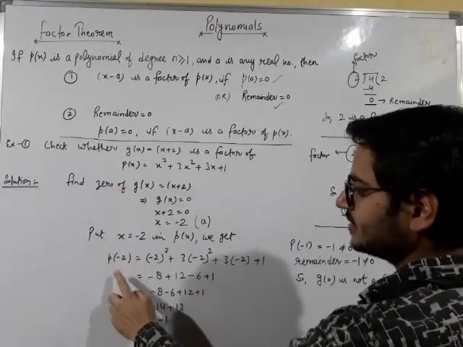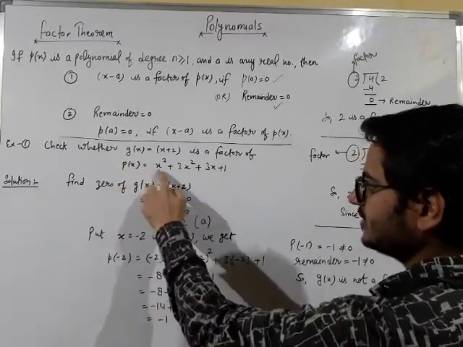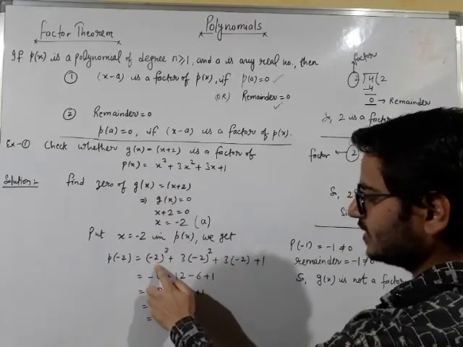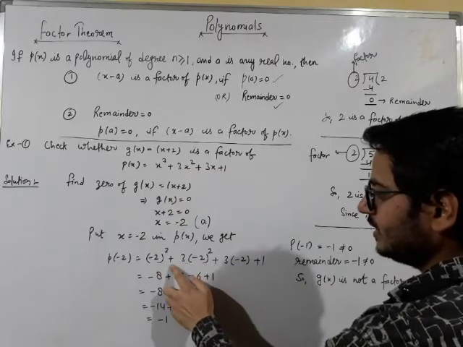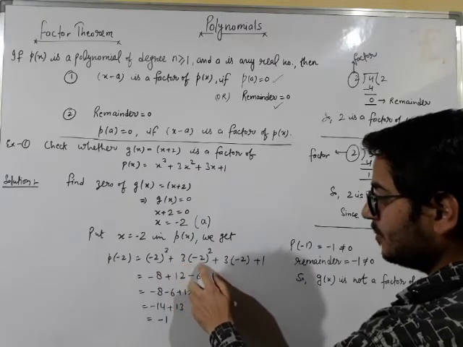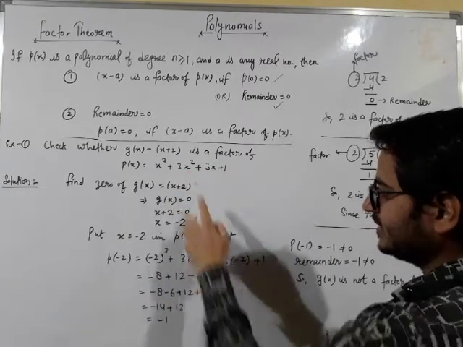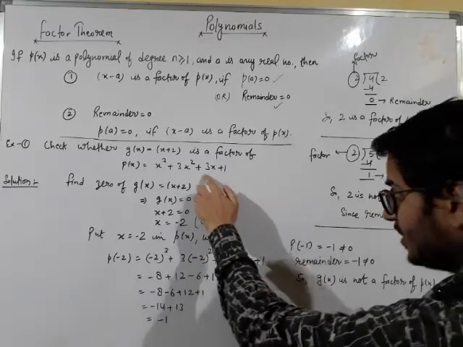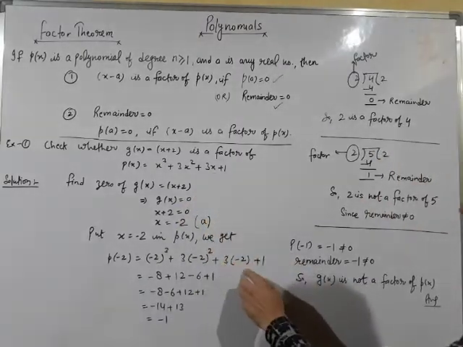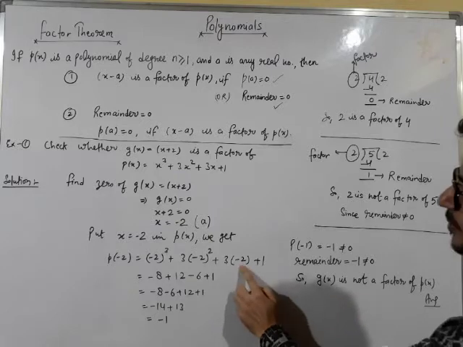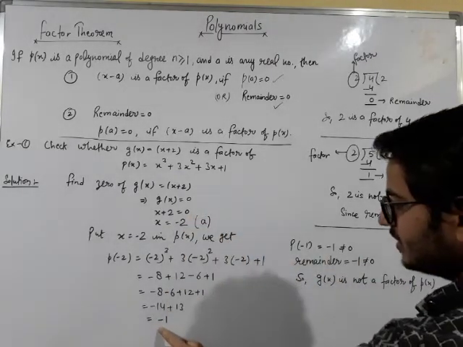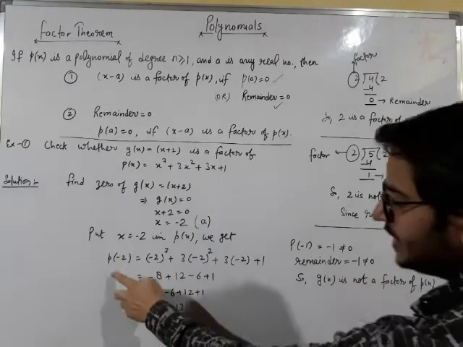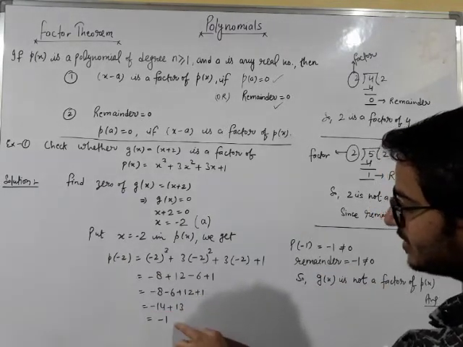So p(minus 2) is equal to (minus 2) cube plus 3 into (minus 2) square plus 3 into minus 2 plus 1. The 1 will remain the same. After solving this, we get p(minus 2) equal to minus 1.